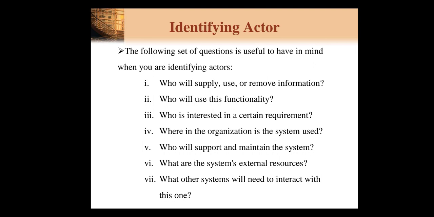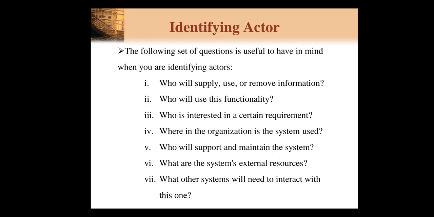Then who will support and maintain the system? We have to keep track of that for identifying the actor who is supporting the system, who is the administrator, that is also an actor, who is maintaining the system. Then what are the system's external resources, from where the system will get input, all those things play an actor role for that system.